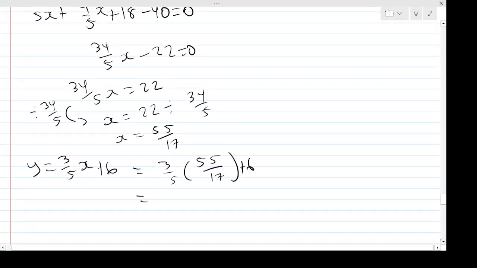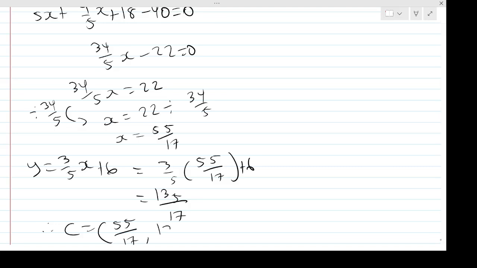On the calculator, 3 over 5 lots of 55 over 17, then I add 6, I get the fraction 135 over 17. Therefore, that's the x and y, so the point C, remember, C was the intersection, would be the coordinate 55 over 17, 135 over 17.